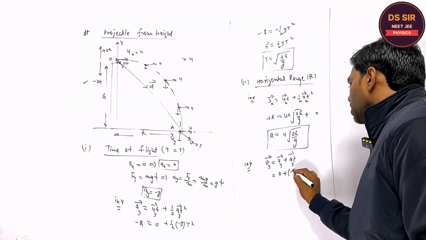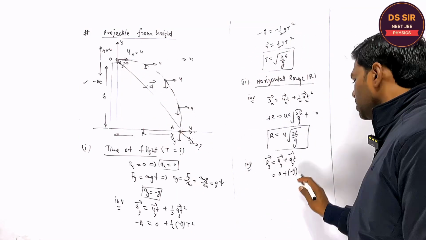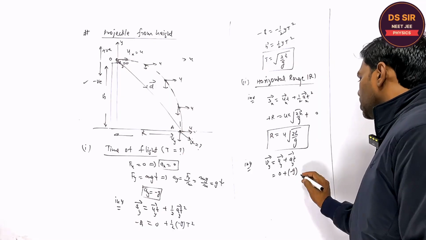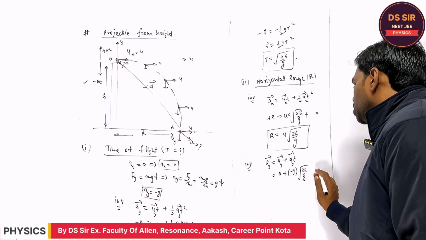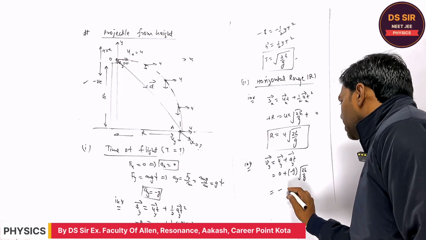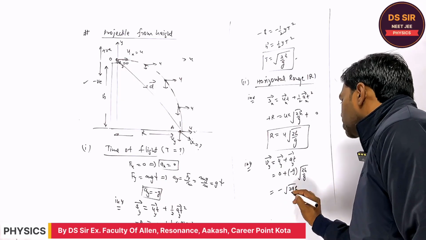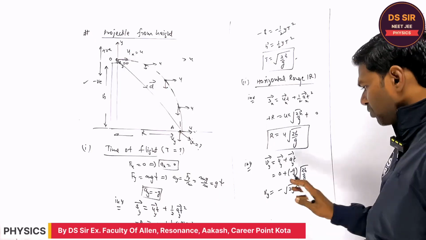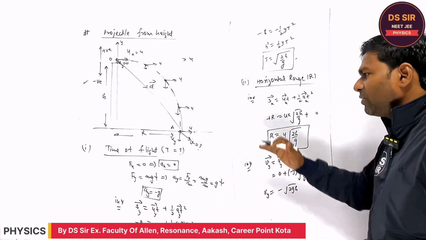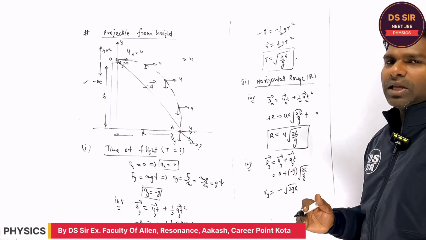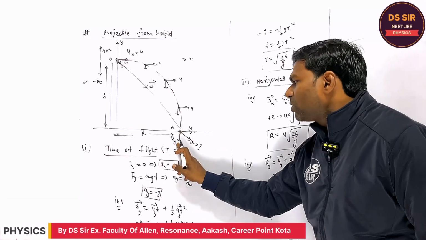Say 0. The acceleration is minus g and the total time is t, root 2h upon g. So it may be written as minus root 2gh. This is the velocity. Why is this negative sign coming? Because this is the vector equation and the velocity with sign comes in this expression. So this is the velocity vy.